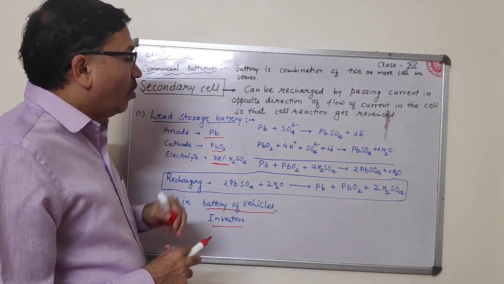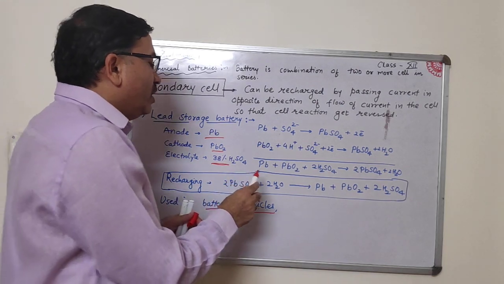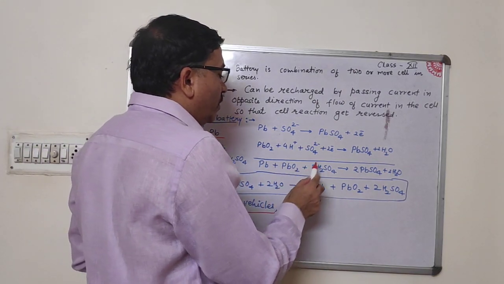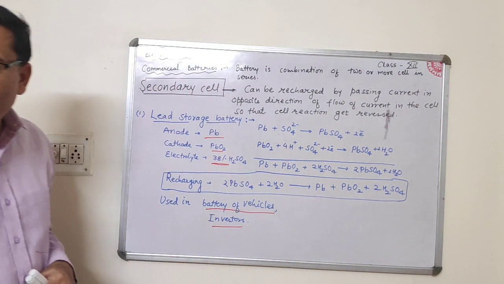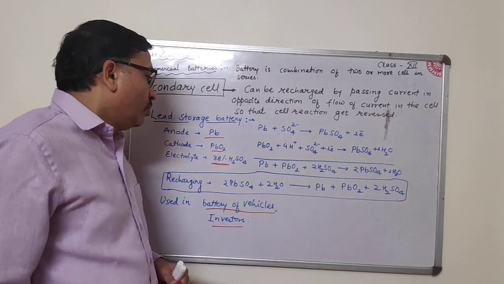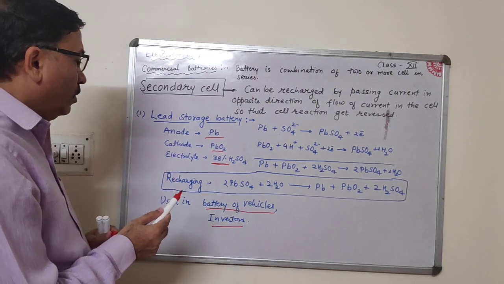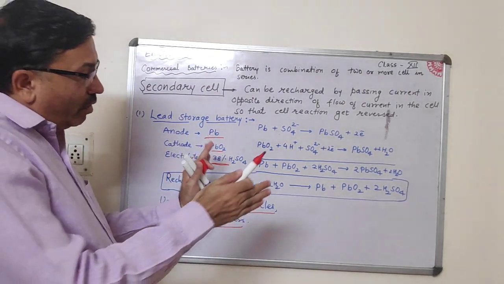The overall cell reaction is Pb plus PbO2 plus 2H2SO4 gives 2PbSO4 plus 2H2O.